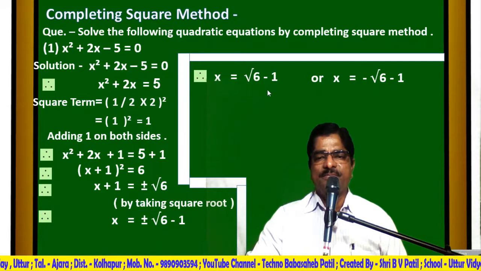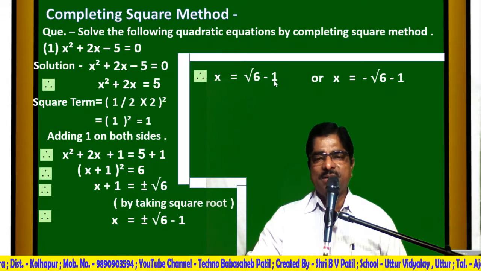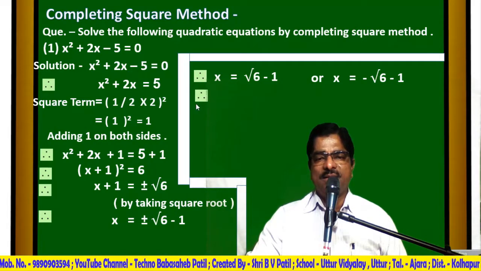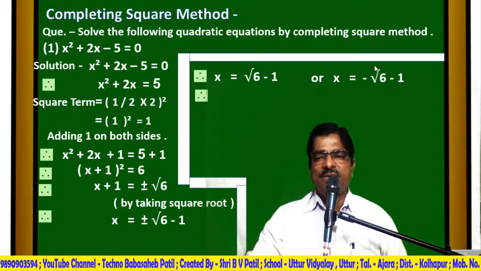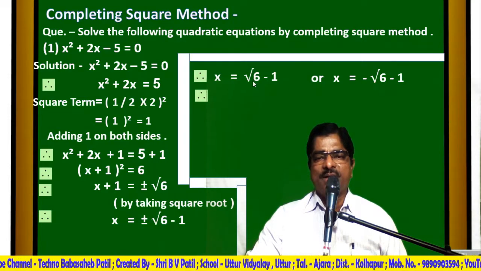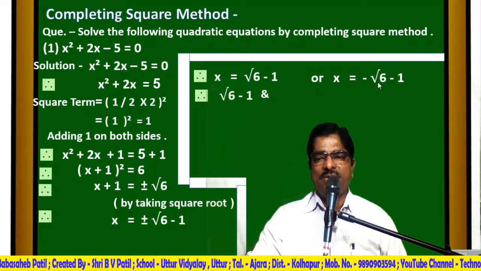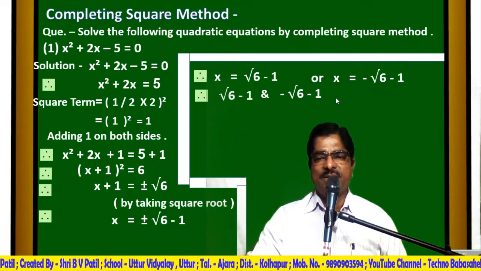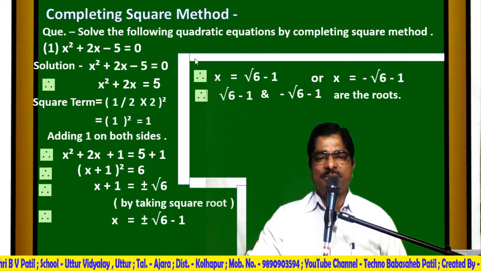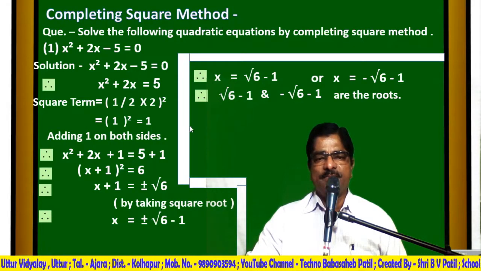Here we can't subtract because one is rational and the other is irrational. Therefore, these values are the roots of the given quadratic equation. Root 6 minus 1 and minus root 6 minus 1 are the roots. This is the solution method of the completing square method.